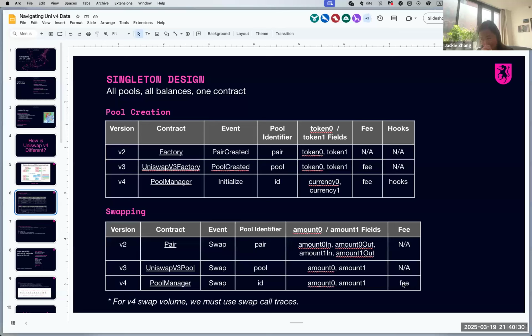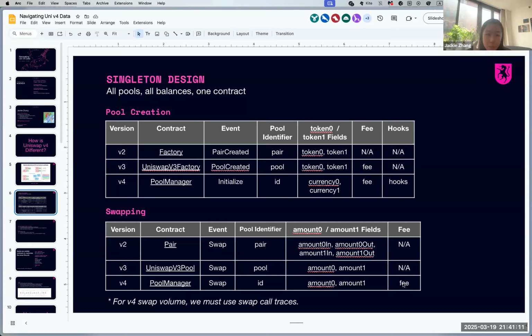But the not nice thing about Uniswap V4's swap event is that it's sort of incomplete, and this is because of the introduction of hooks. When you have special hooks, for example Bunni right now, which is a custom curve hook, and Bunni as a hook gets attached to, just as an example, I don't know if it actually exists, a USDC ETH pool, it actually bypasses the swap event of the pool manager contract.